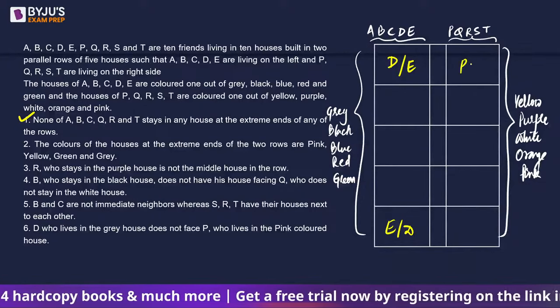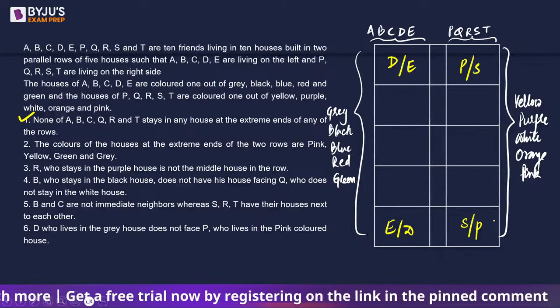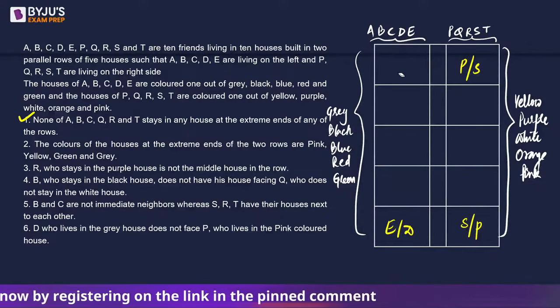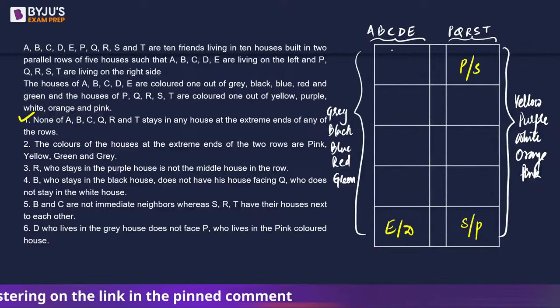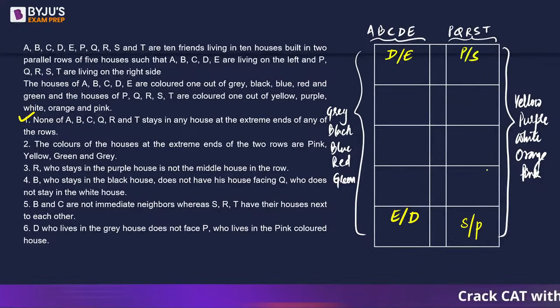So it's going to be either P or S, or accordingly S or P. Okay, I'll write it a little smaller because we also need the colors here. So I'll write D/E here, leave space below, E/D here. Similarly, P/S, and we will have S/P.